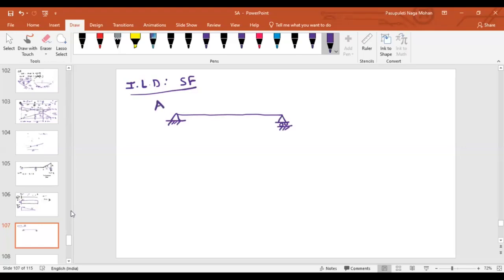Let us say joint A, joint B, and some point C at a distance of L by 2 and L by 2. And imagine a point load P is moving over the beam. Then we have to draw the ILD for shear force at C.